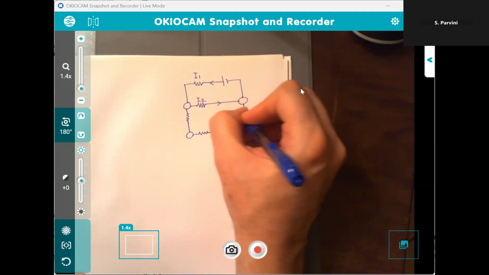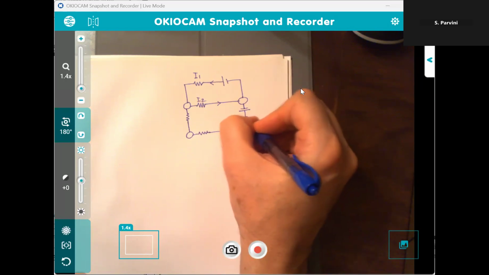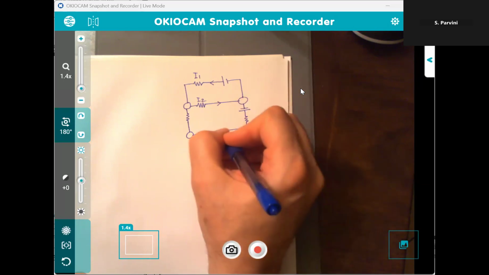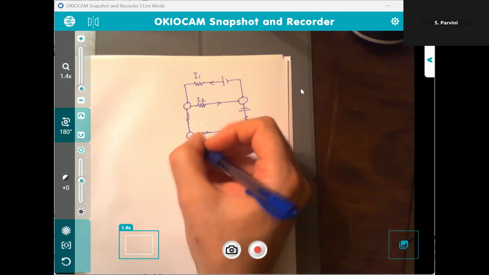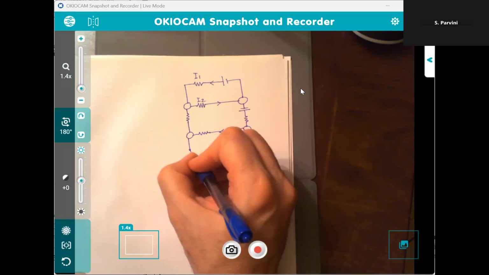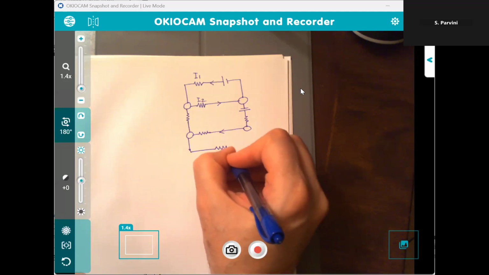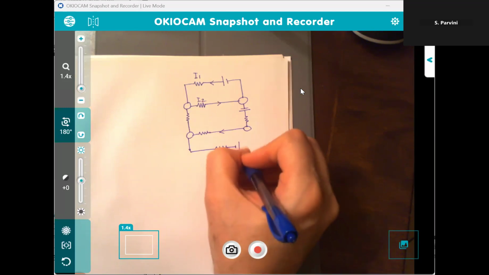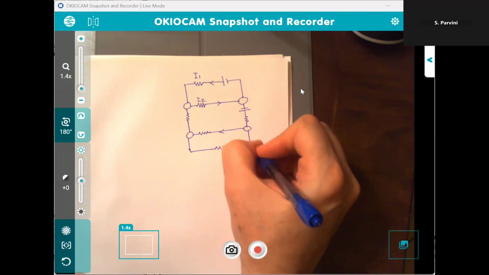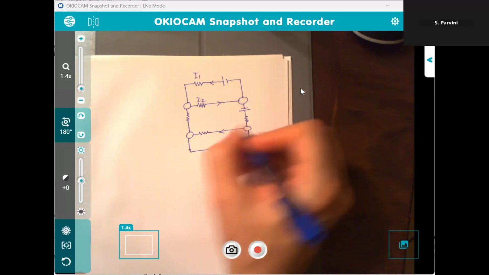There is a battery source, resistance, and that's that one. The arrow goes to the left here. And then the last segment, it comes here, goes to the right, resistance, and a voltage source, and it goes back up. The arrow is in this direction.